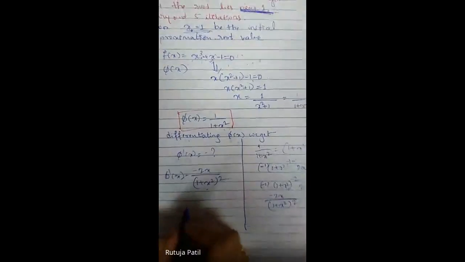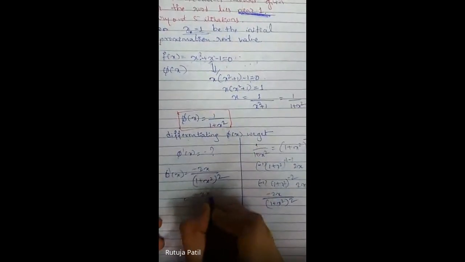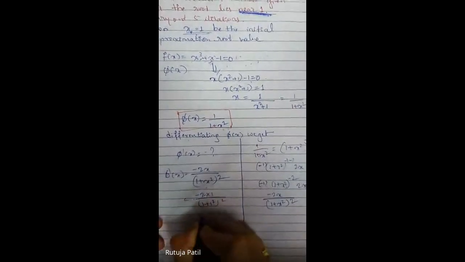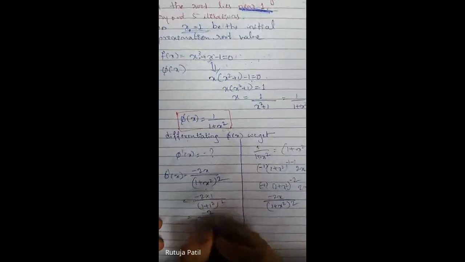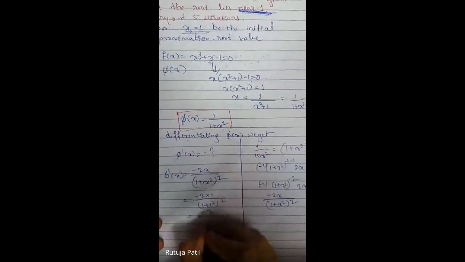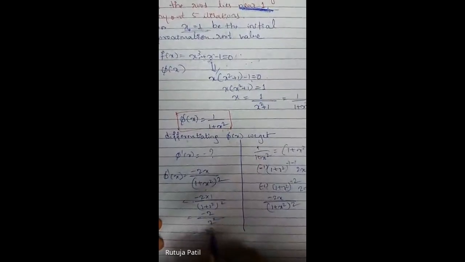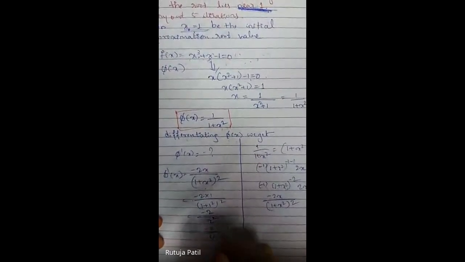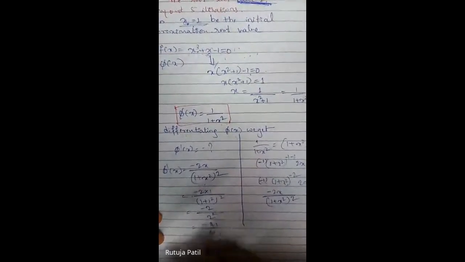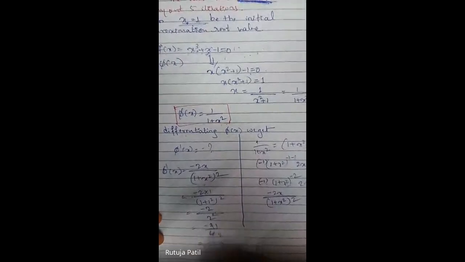That is minus 2 into 1 divided by 1 plus 1 square whole square, that is minus 2 divided by 2 square, which is 4. So how much do we get? 2 ones are 2, 2 twos are 4, that is minus 0.5.